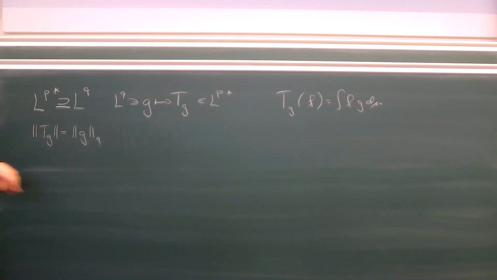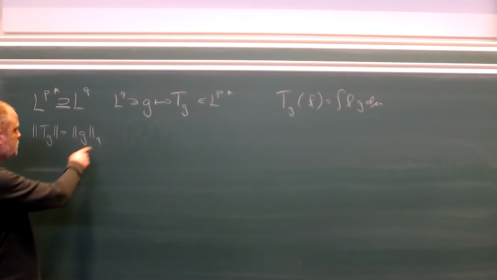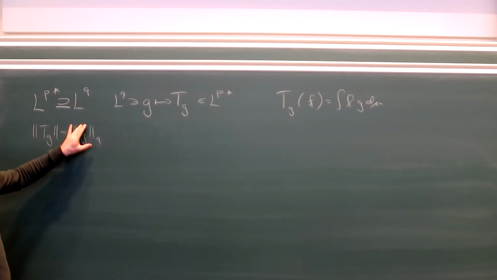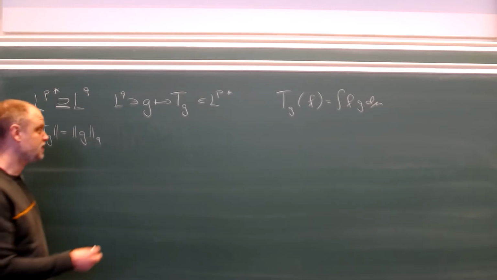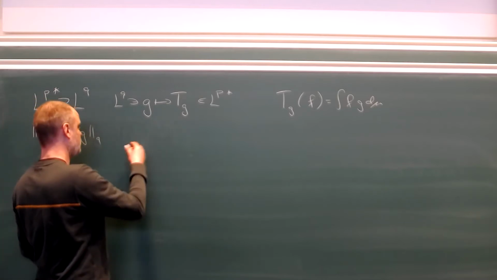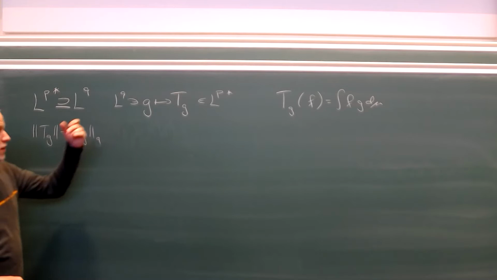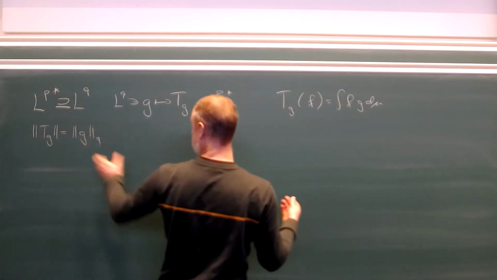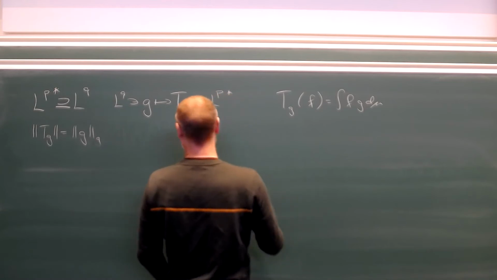So this is the norm as a linear functional, and we found this identity. And the way to do that, Hölder's inequality gives you that the norm is less than or equal to this. And to see that you actually get equality, we need to find a function f so that here we get really this value.